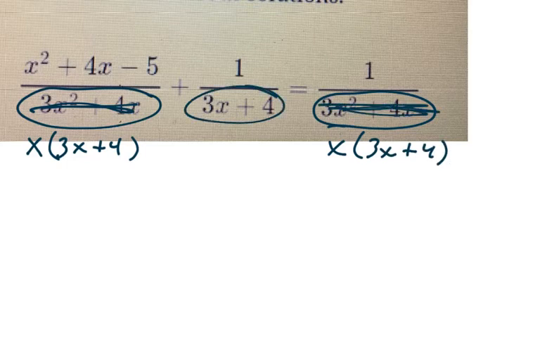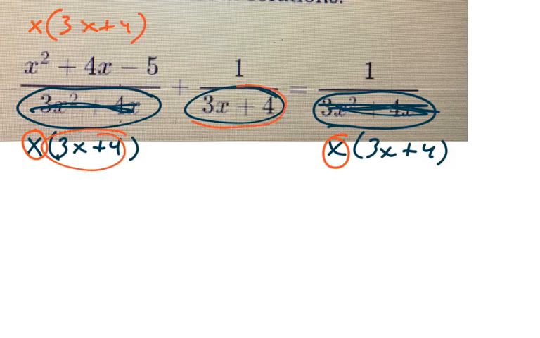This, of course, is just 3x plus 4. So, does everyone agree my common denominator is going to have to have an x, because both of these have an x, and it's going to have a 3x plus 4, because all of them had a 3x plus 4. So I'm going to multiply by x(3x plus 4). That is my common denominator.